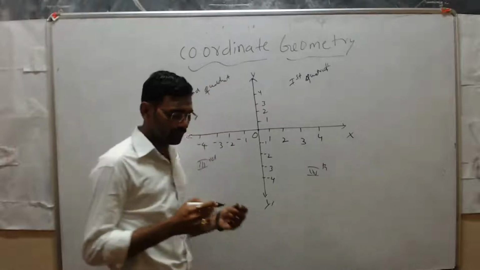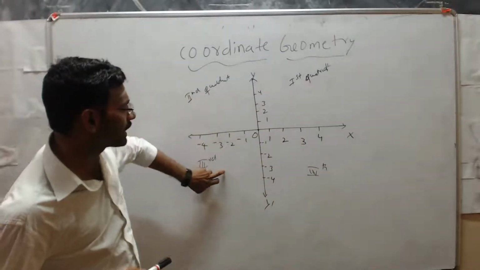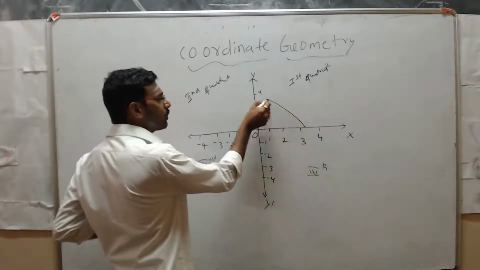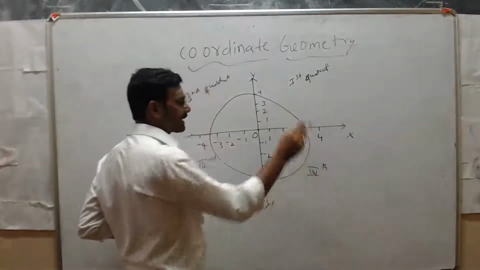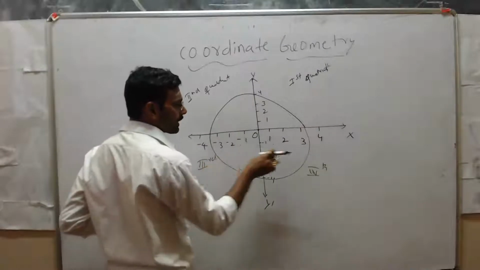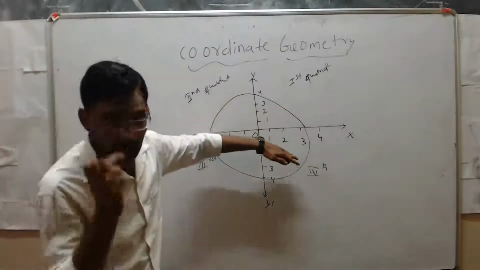In the Cartesian plane, how many quadrants do we have? 1, 2, 3, 4, in this way, clockwise, not anti-clockwise. First quadrant, second quadrant, third quadrant, fourth quadrant.